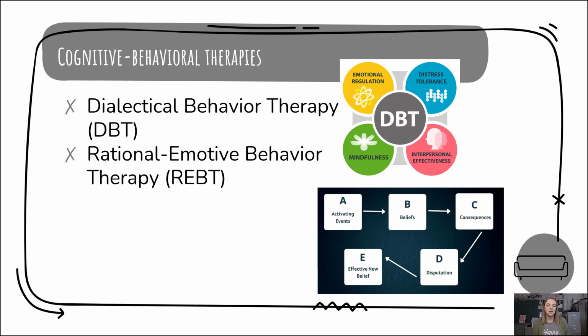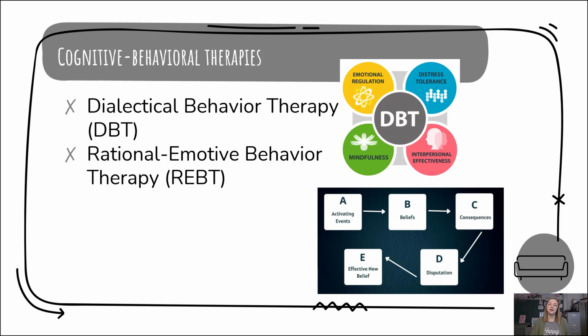Some of these techniques include identifying irrational beliefs. So the person is recognizing and challenging irrational beliefs that cause emotional distress, such as, I must be perfect, or everyone must like me. Next, we have to dispute those irrational beliefs. We have to actively question and dispute irrational beliefs to develop more rational and realistic thoughts.